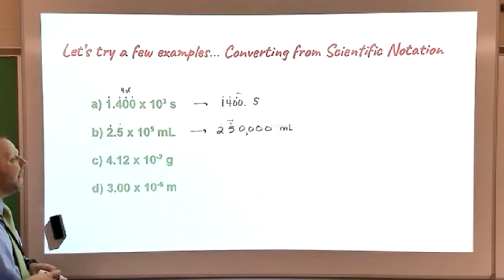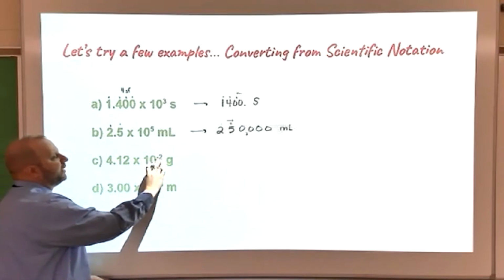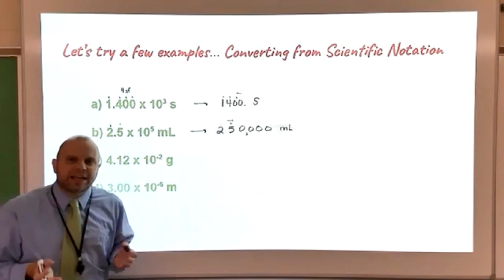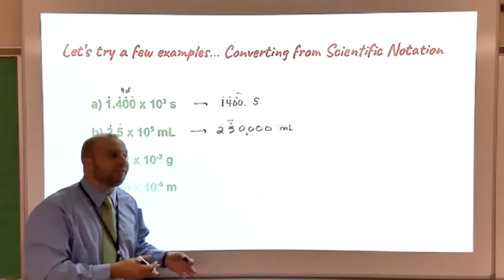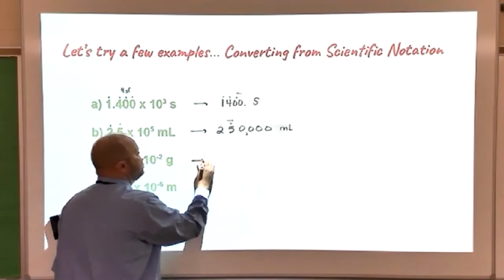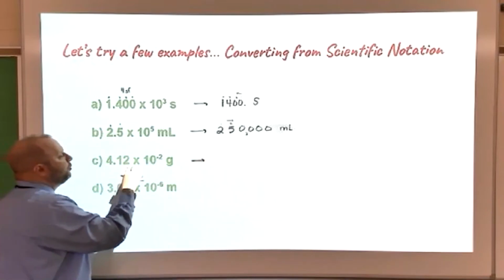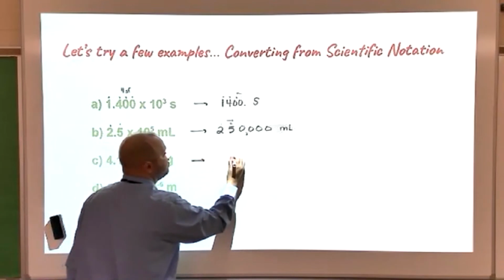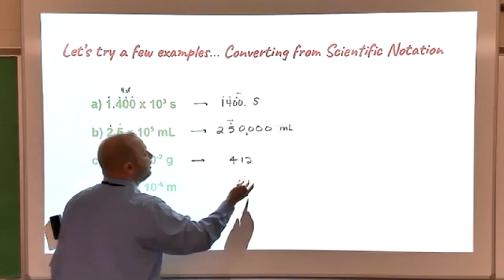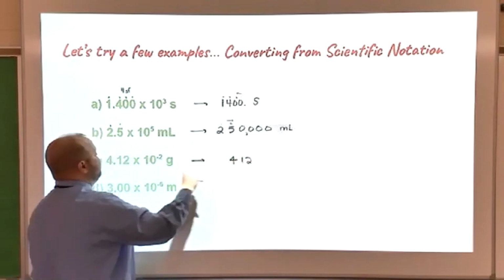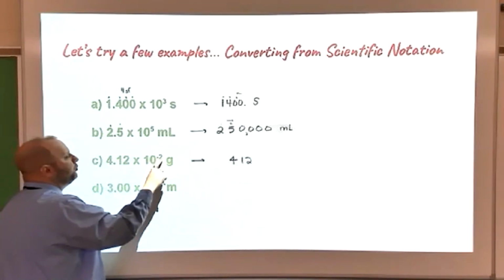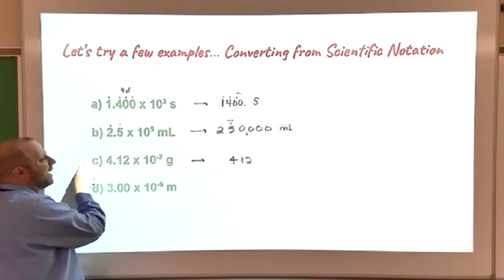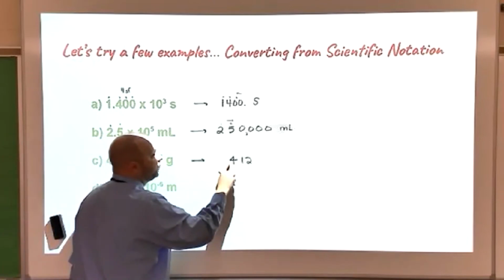Okay, let's take a look at letter C. Notice this time we have a negative exponent. So that means our answer should end up being a decimal number that is less than 1. So I'm going to write 412. Right now the decimal point is here, between the 4 and the 1. But now we're going to move it 2 spots, so that it ends up being a decimal. So this is 1 spot.